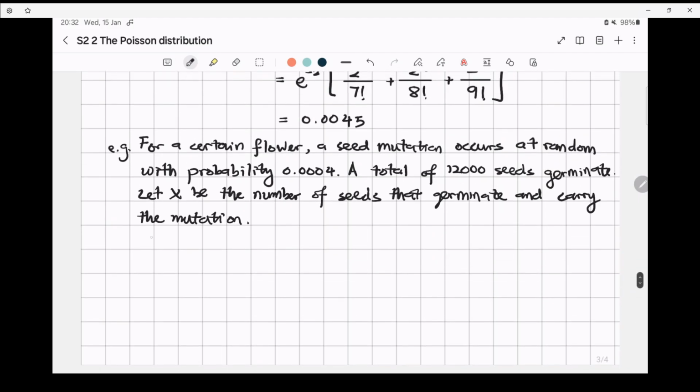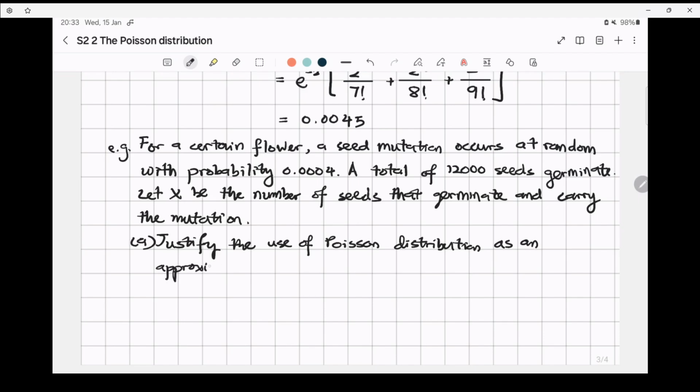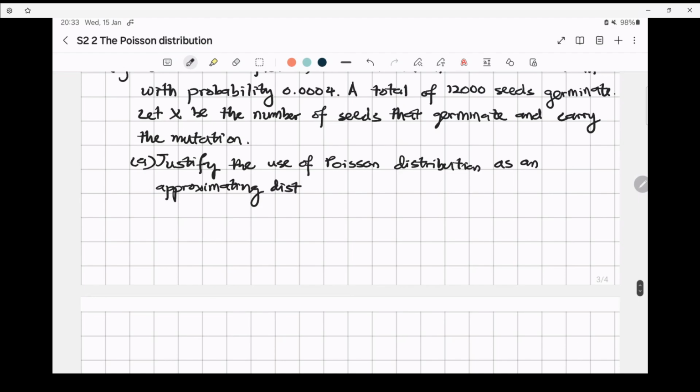So the first question is, justify the use of Poisson distribution as an approximating distribution for X. So what you need to do is to first, obviously n is greater than 50.